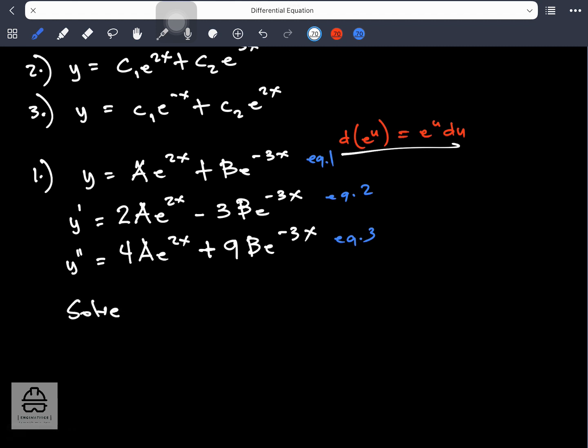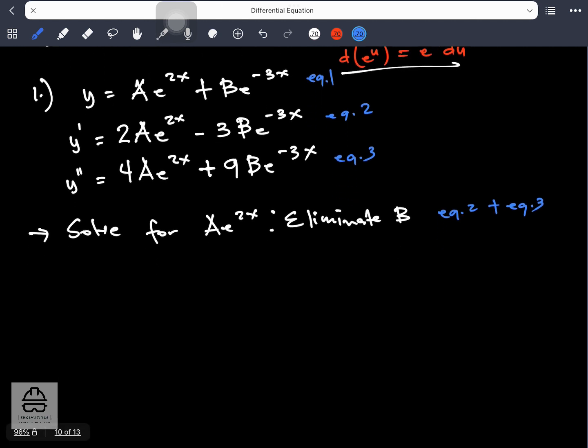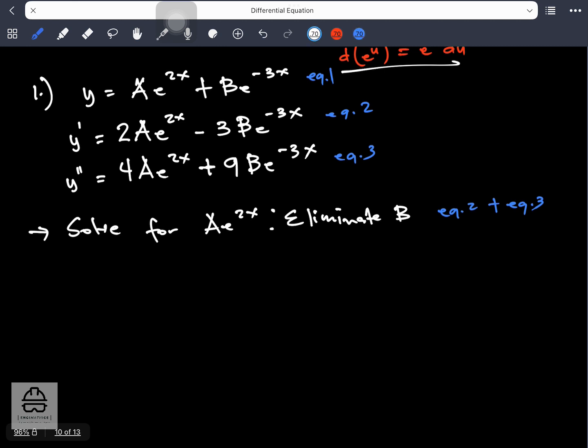Okay. Next we are going to solve for the value of ae^2x by eliminating b. Okay? So, the equation that will be used in this would be equation 2 added to equation 3. Please follow, equation 2 plus equation 3.